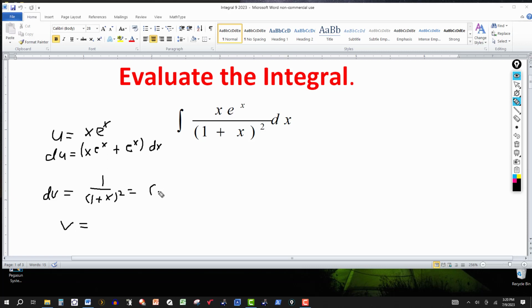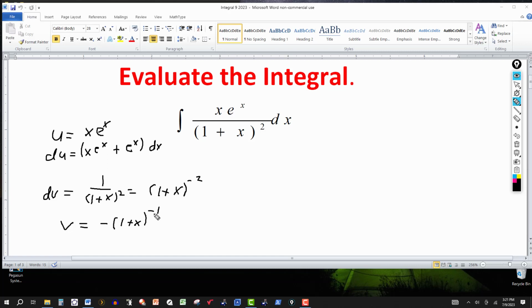I write this as 1 plus x to the negative 2, and then we have 1 plus x, and then we add 1 to this exponent, it gives me a negative 1, and then divide the coefficient by negative 1, that'll give me a negative 1 and just a negative here, and this is what we have.